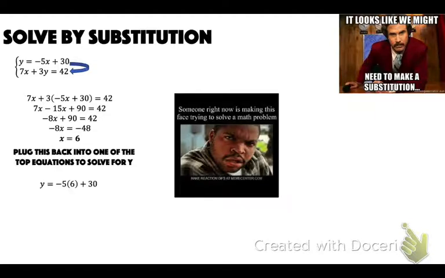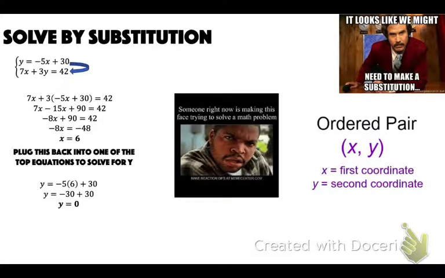I took this and plugged it in up here. Negative 5 times 6 is negative 30. So that's negative 30 plus 30, which is 0. Cool. So that means that we have one solution at 6, 0.